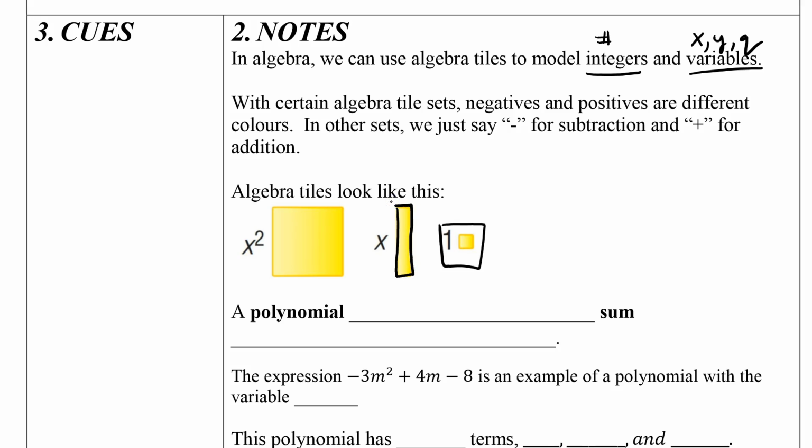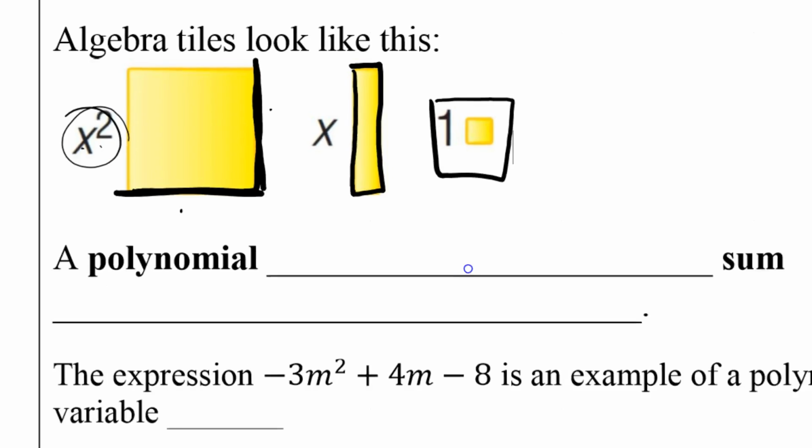And you'll notice that the length of an X squared is X, and the width of an X squared is X. X times X is going to be X squared. So whenever you see a big square, that's our X squareds. Our skinny rectangle, that's an X. And ones are represented by a very little square.